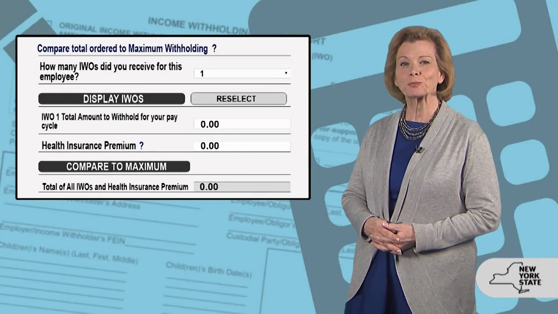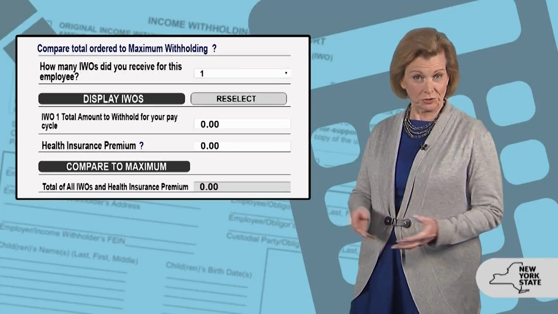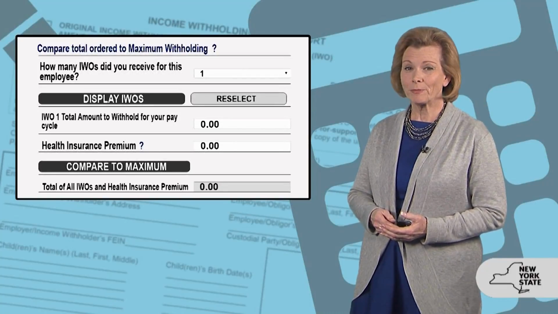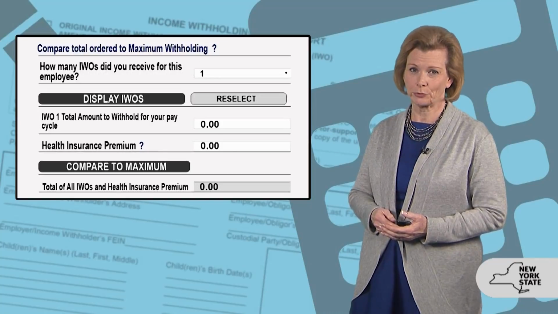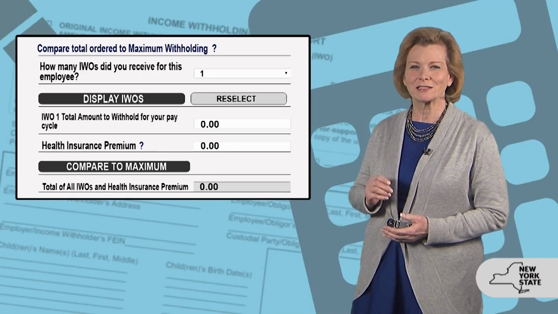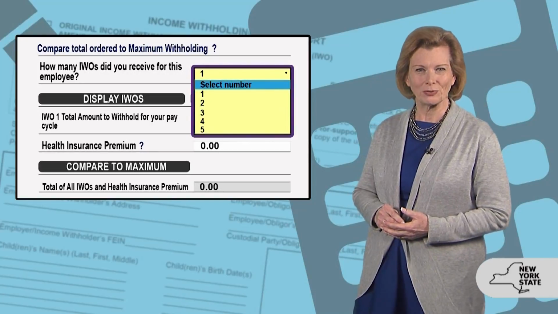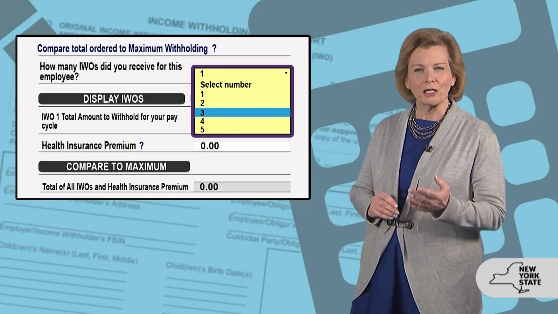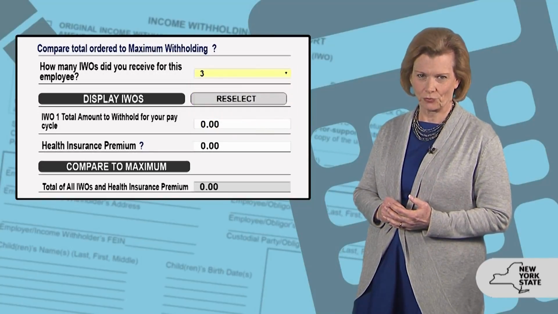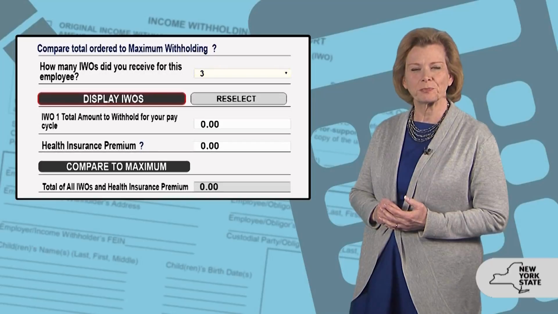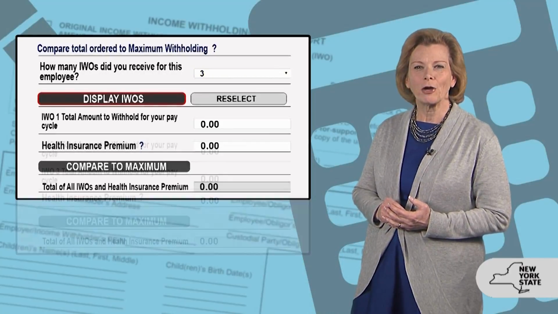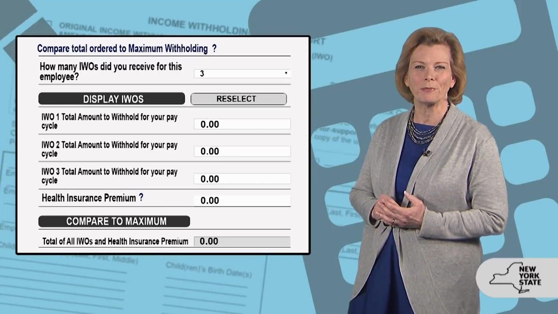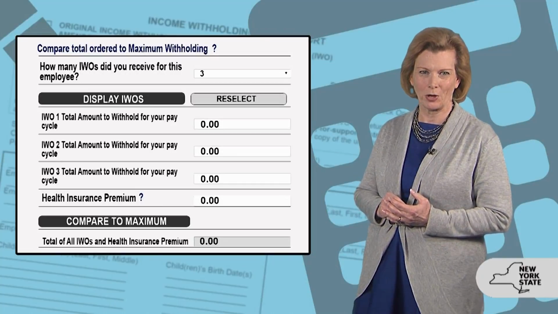The calculator is preset for one IWO, which is the number of IWOs we have in our scenario. However, there may be times when you have more than one IWO for an employee. In these cases, you would use the drop-down menu to select the corresponding number of IWOs. For example, if you select 3 IWOs for an employee, then click the Display IWOs button, the calculator generates the appropriate number of fields you'll need for entering the total amount to withhold from each IWO.